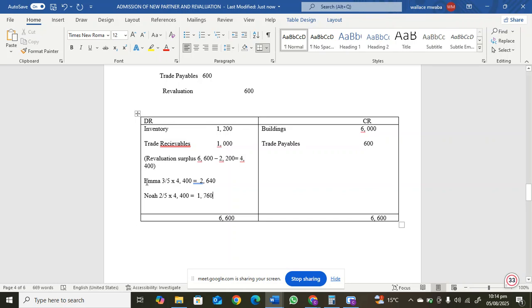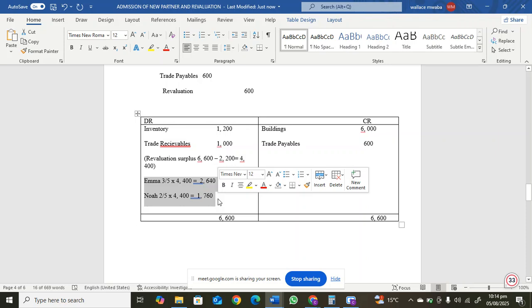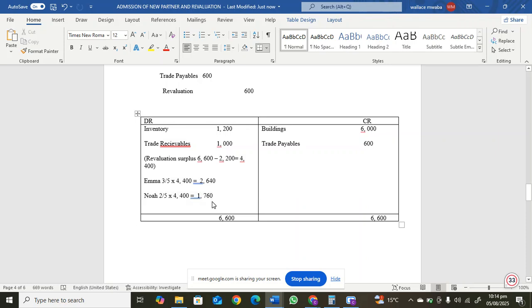So this information is going to go in the capital account. Any questions?